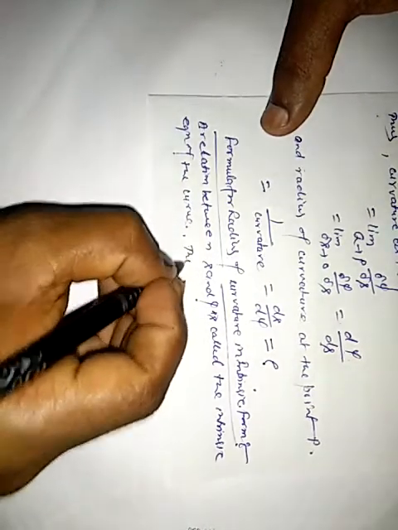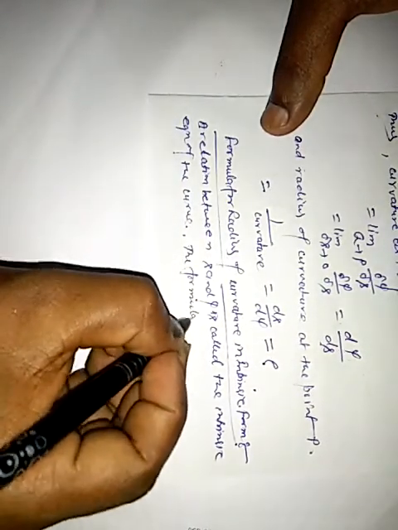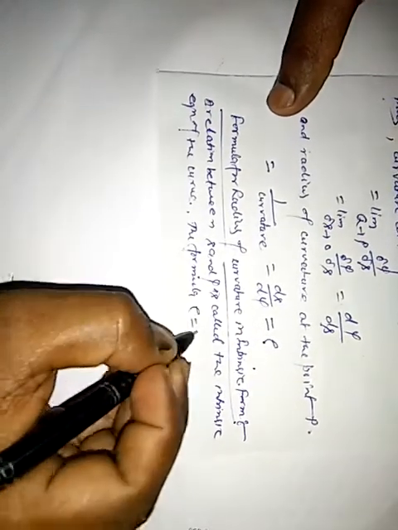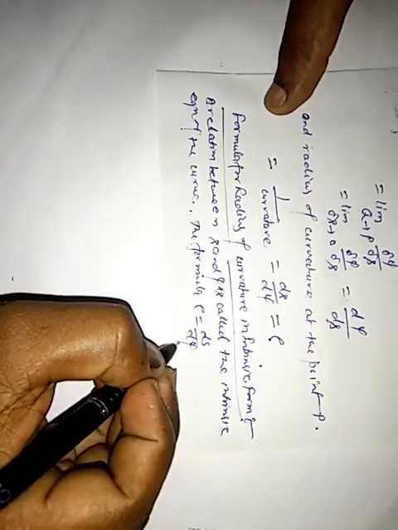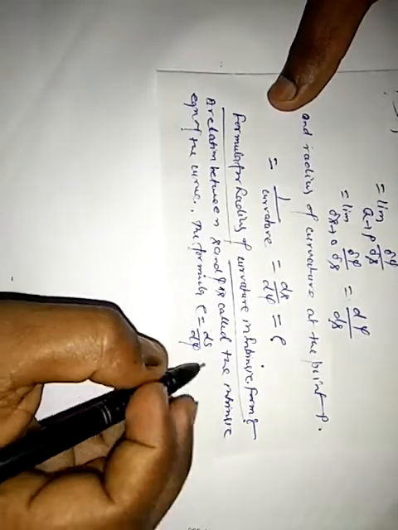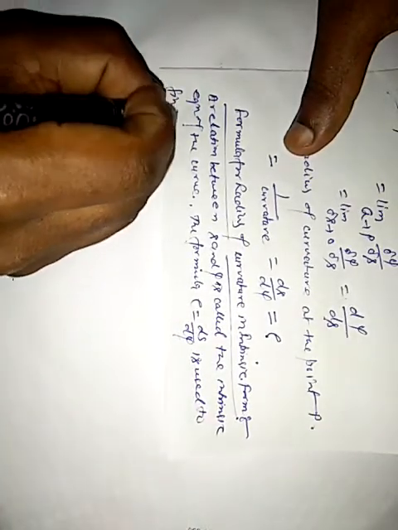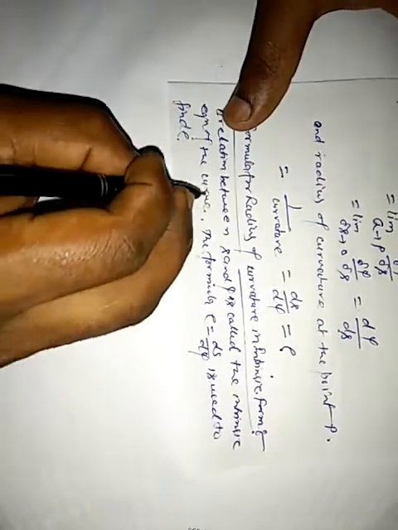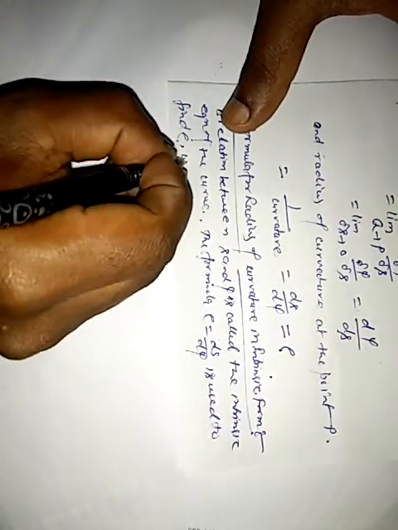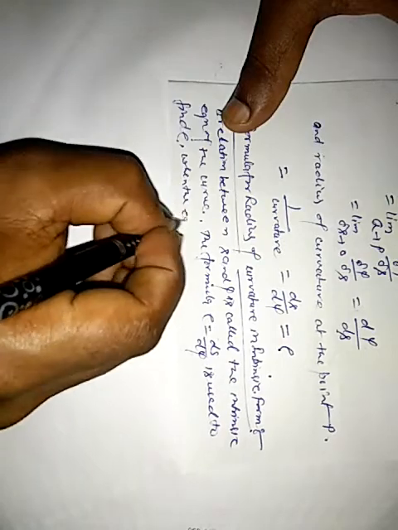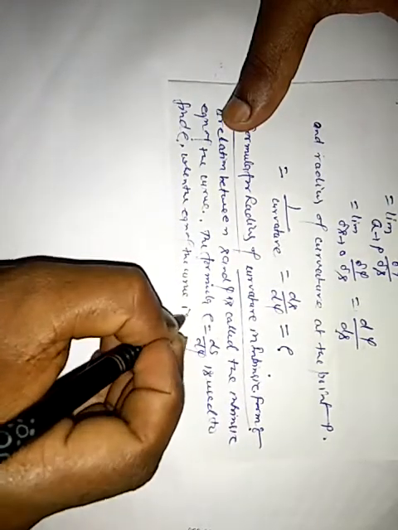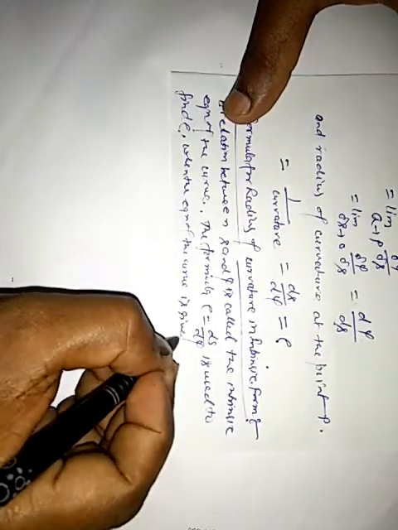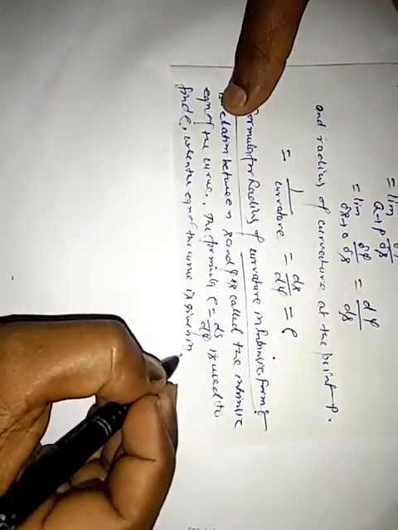The formula rho is equal to ds upon d psi is used to find rho when the equation of the curve is given in intrinsic form.